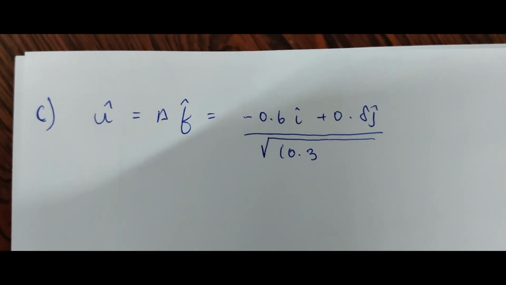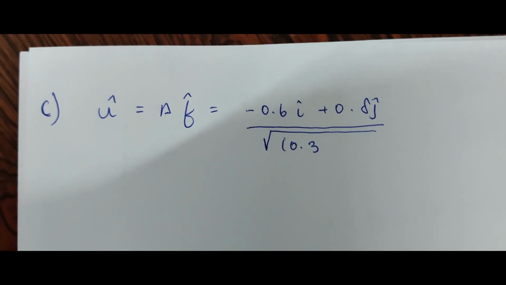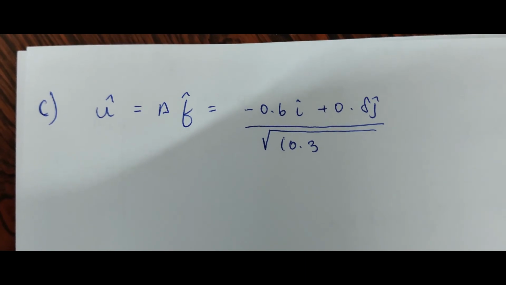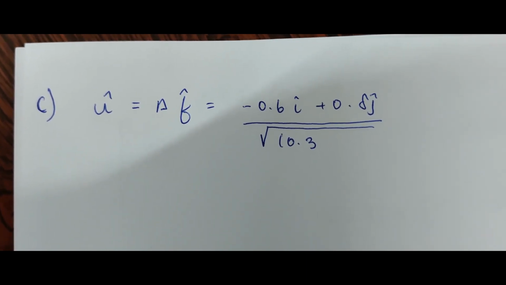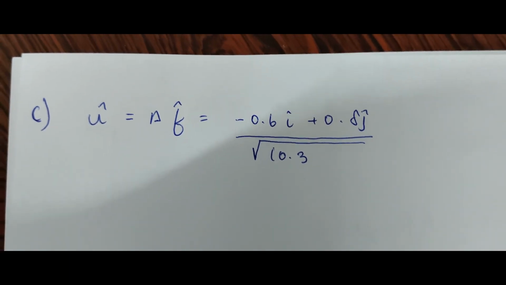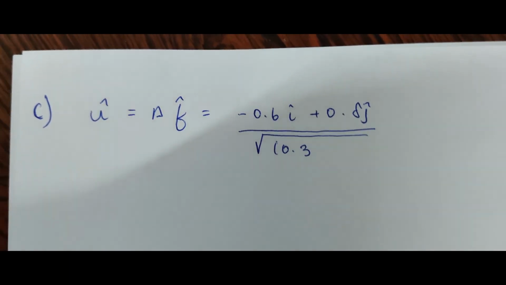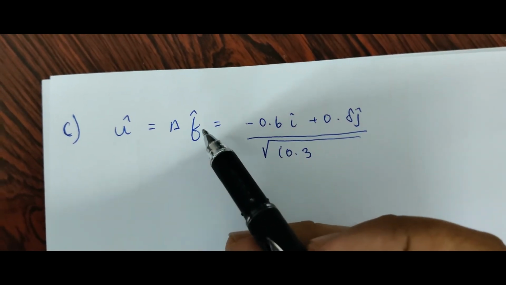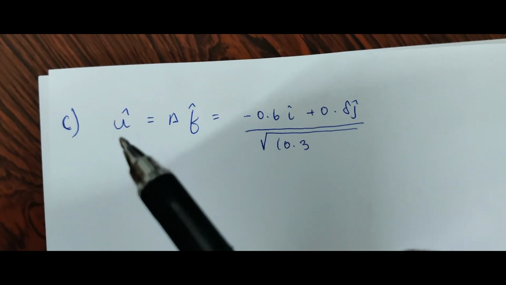Now for the last part of the question: in which direction is the slope largest? What is the rate of ascent in that direction? At what angle above the horizontal does the path in that direction begin? We know that the slope will be largest in the direction of the gradient. We already know the gradient, so we will convert that into a unit vector.